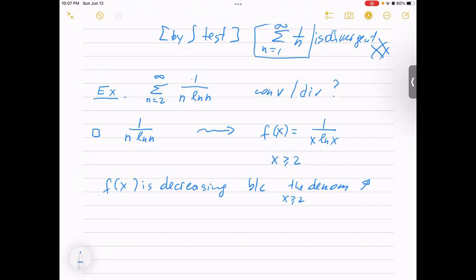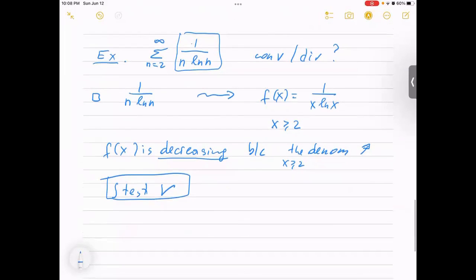Now we're allowed to use the integral test, so we get approval to start working on it. Because we checked that our function is decreasing, and also mentally I checked that my series has positive terms, because we have 1 over n ln of n, from 2 to infinity, when n is bigger or equal than 2, n is positive, ln of n is positive, product of positives, so I kind of mentally did that. So we're allowed to do the integral test.